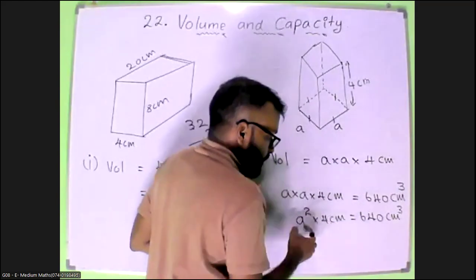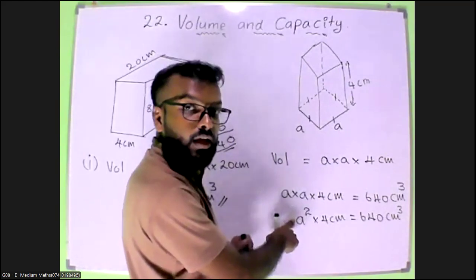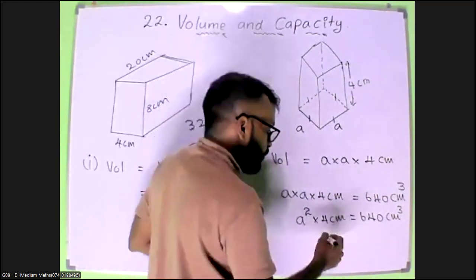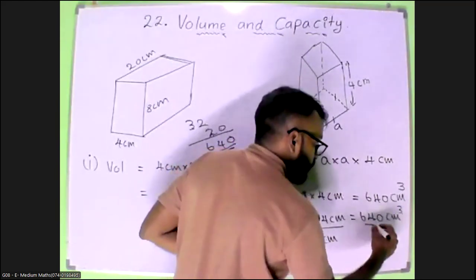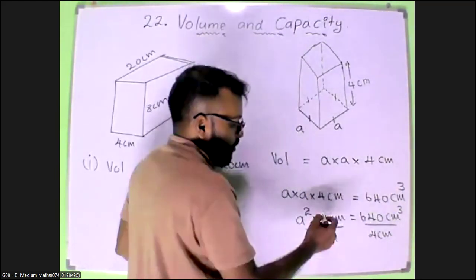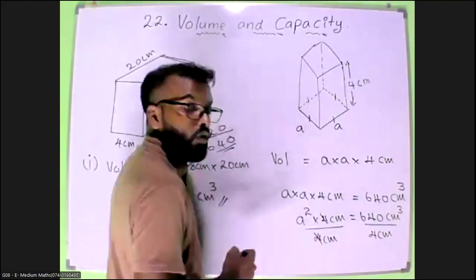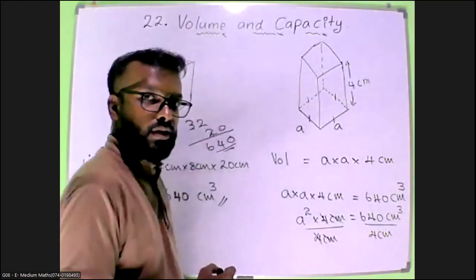If I want to isolate or find the value of A, what I have to do? I have to divide both sides by 4 centimeters. I need to remove that. 4 to 4, centimeter to centimeter.